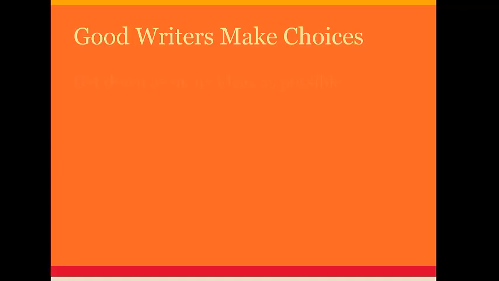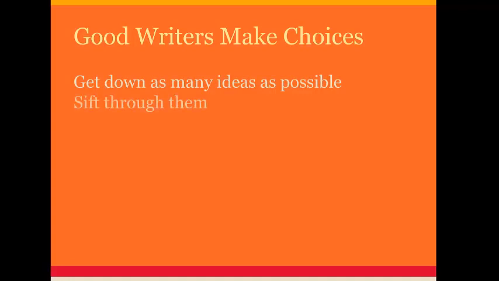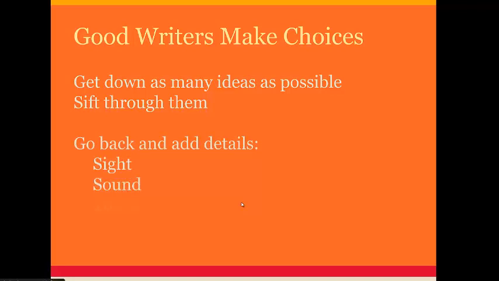Get down as many ideas as possible, and then you can sift through them and discard what's not worth keeping and further develop the ideas that are. Then go back and add details. Think about the 5 senses: sight, sound, touch, smell, even taste. Including those details will make for a rich essay.